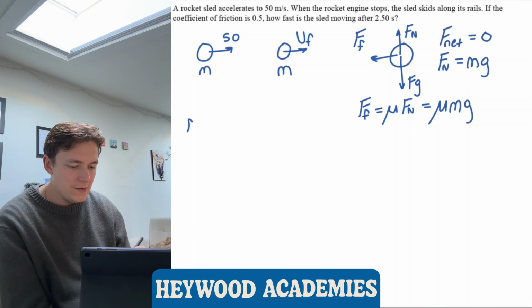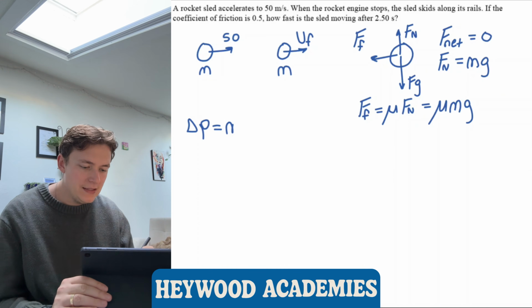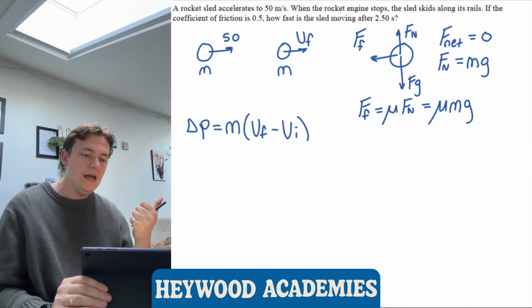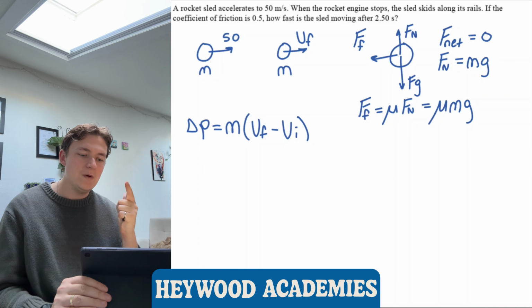So we can go back to our change in momentum equation and say that that is going to be mass times v final minus v initial. So we've got the v initial as 50, v final, that's what we want.